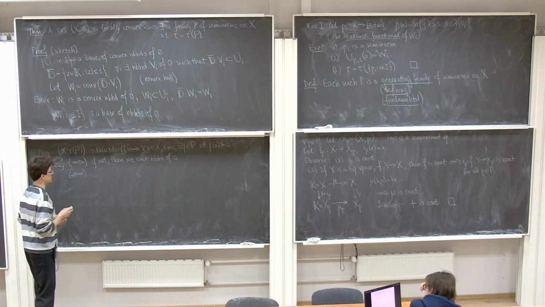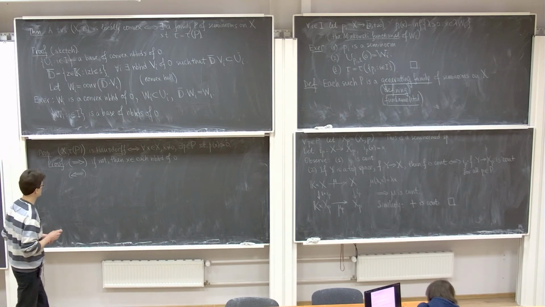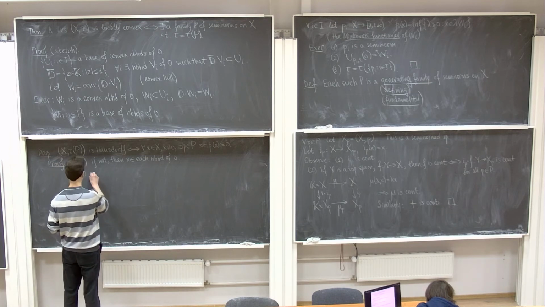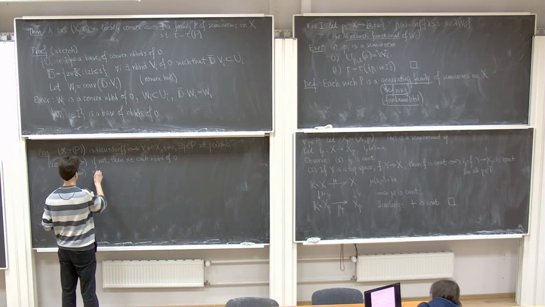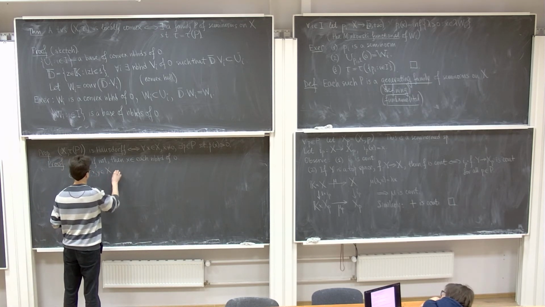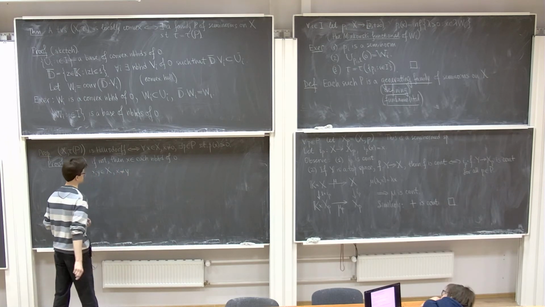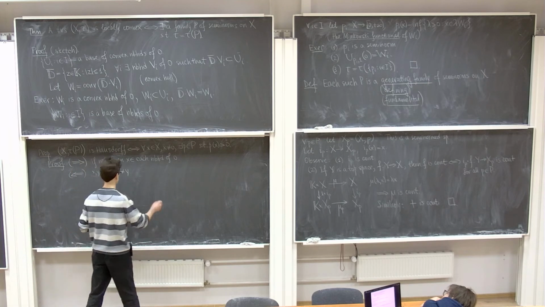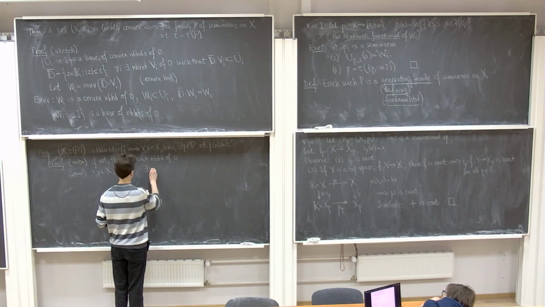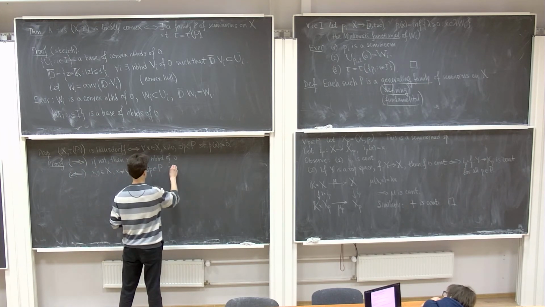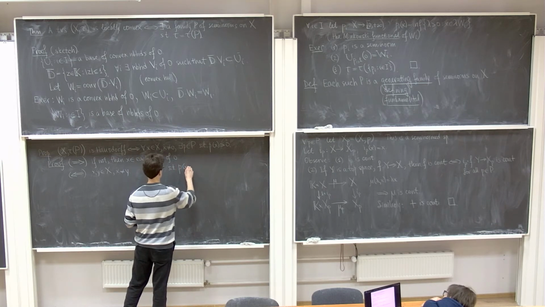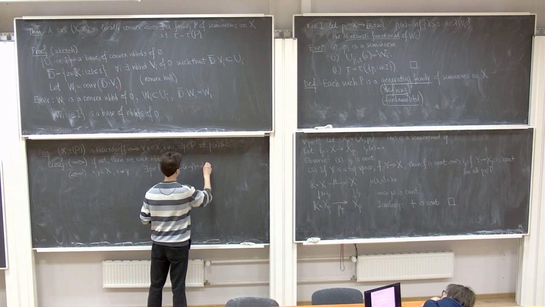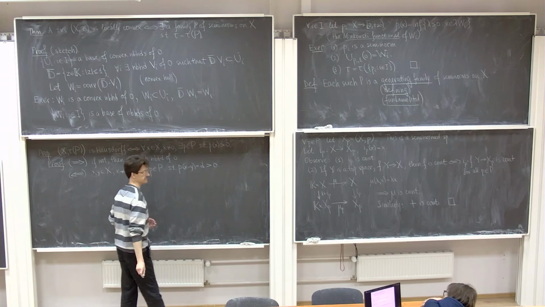And to prove the right to left implication, we do the following. We take two different points, x and y, and find a seminorm p which doesn't vanish on x minus y. Let's denote this number by d. So d is strictly positive.